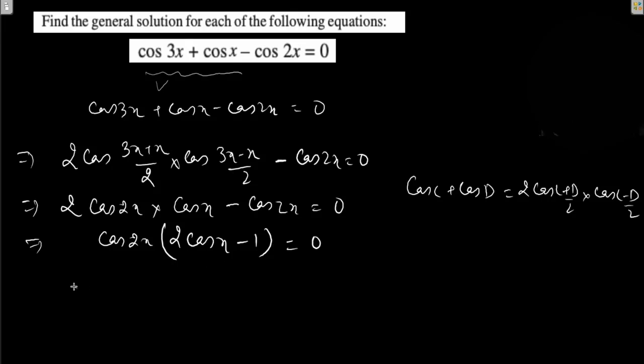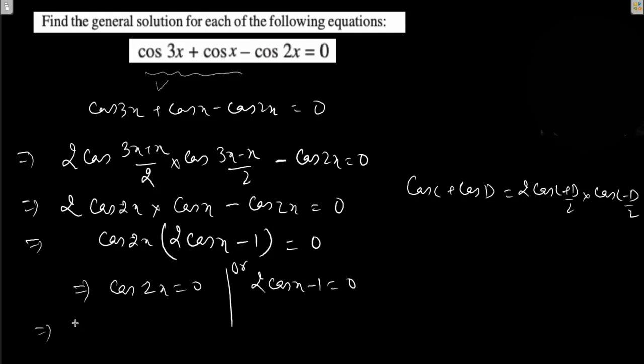So from here what I can derive is either cos 2x is 0 or 2 cos x minus 1 is 0, right? And we have just done it in the previous slide, that when cos 2x equals 0, what will be the value?